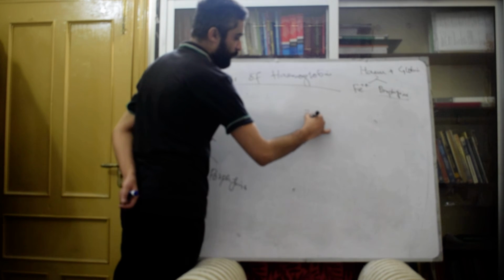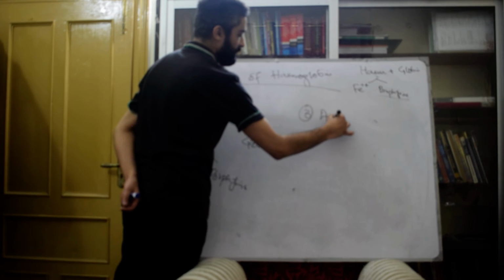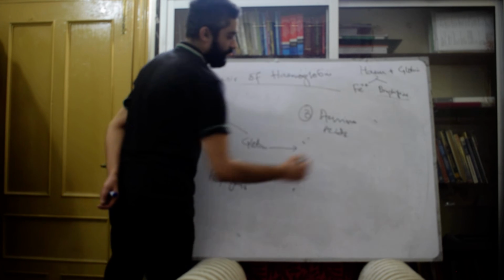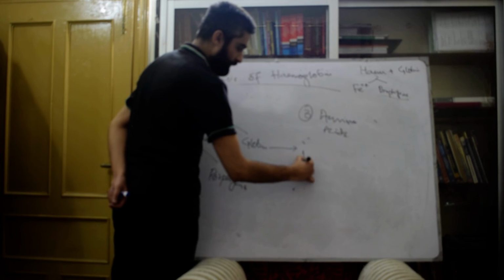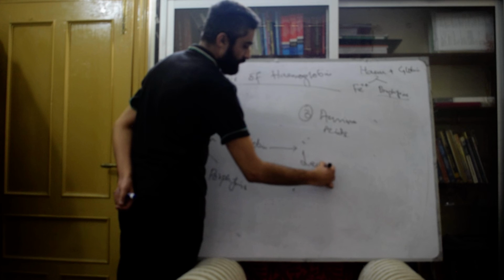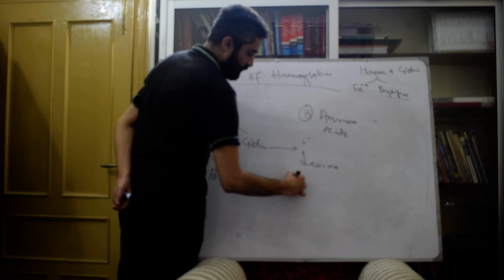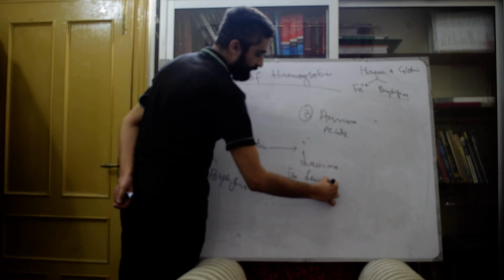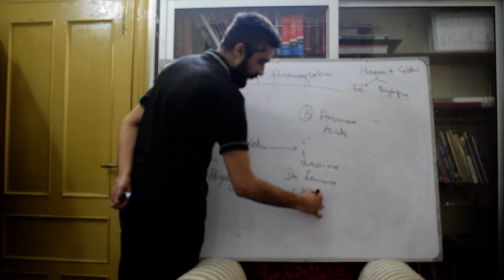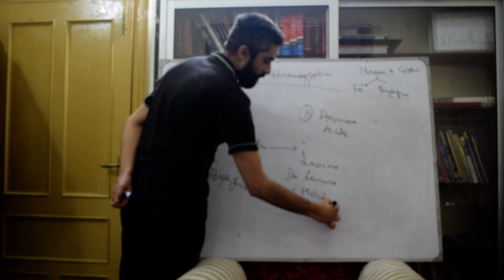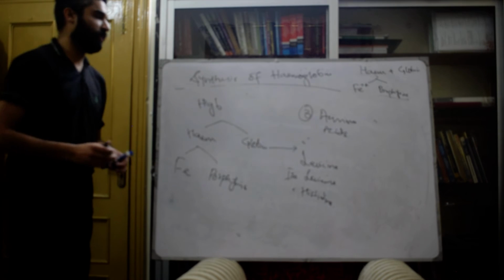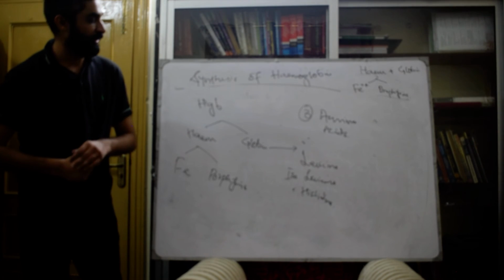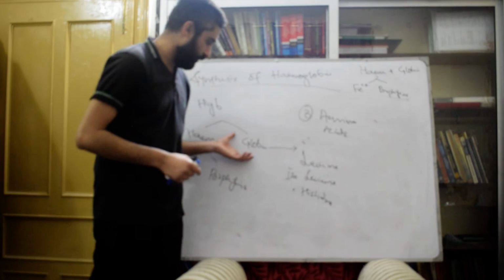There are three very important amino acids predominantly present inside the human body: leucine, isoleucine, and histidine. These three amino acids combine in a relatively higher amount for the synthesis of the globin molecule.